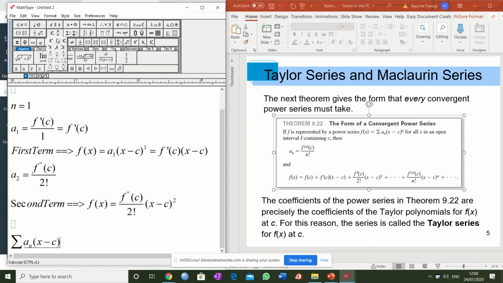Here we use derivatives, first derivative, second derivative, third derivative of the function f, and we divide it by n factorial. This is called a power series.